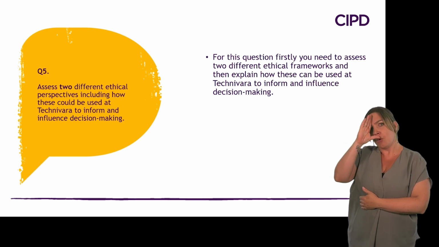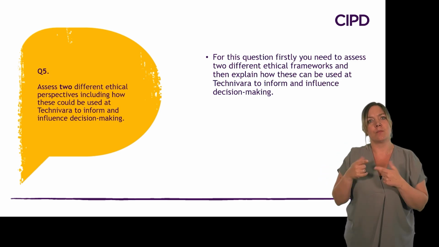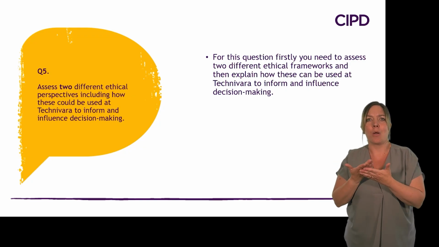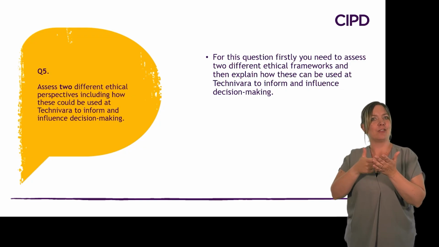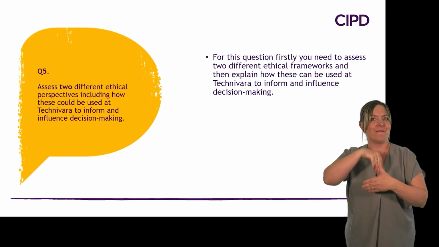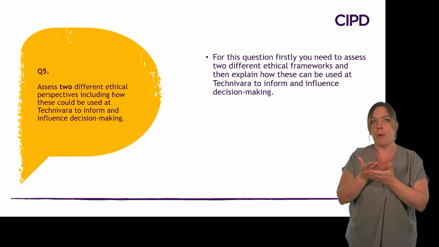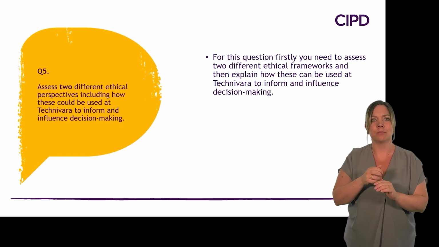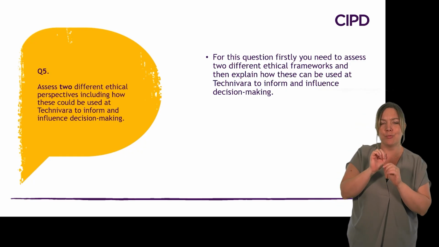Again, this is the moral compass that HR or people practitioners have. So ensuring that the right decisions are made in terms of virtue and morality, particularly in many of the ethical issues that are encountered within the day-to-day running of people practices.